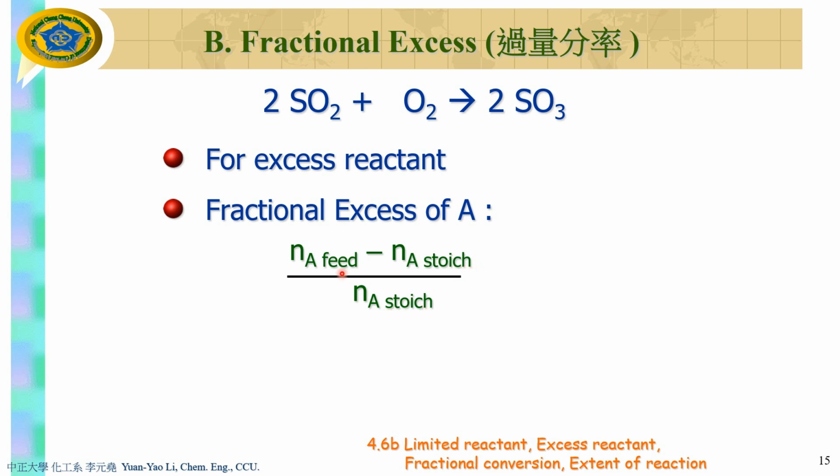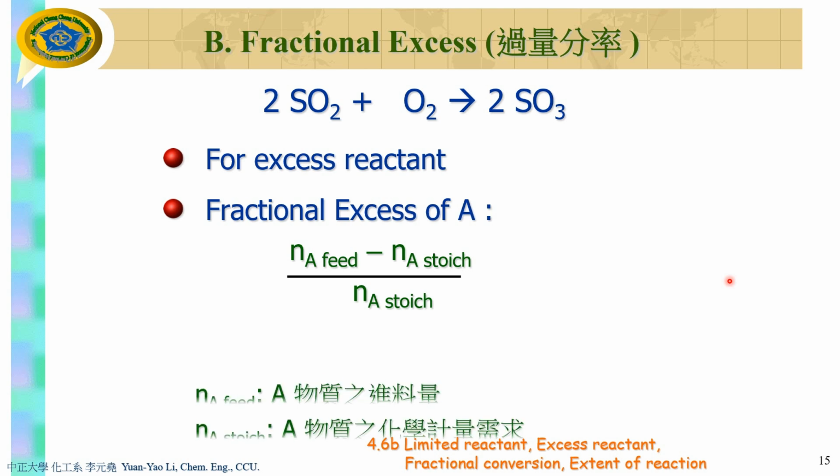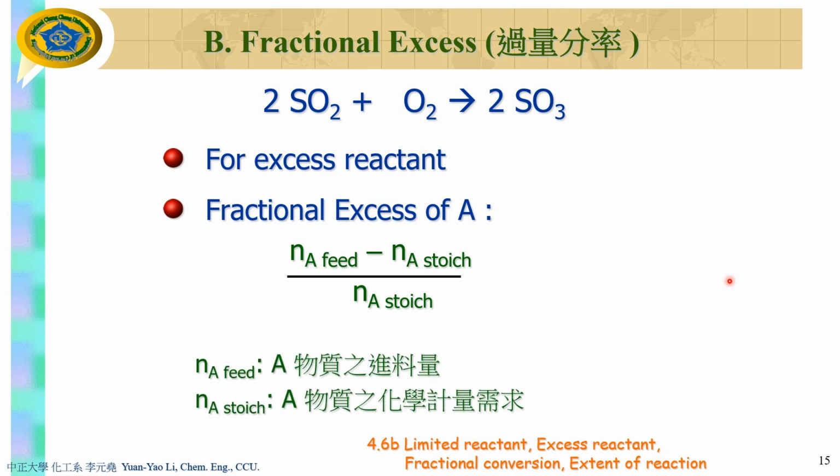What's that? 2 minus 1, divided by 1. So the answer is 100%. Are you with me? I'm sorry about this. I don't know why you don't get the right answer, but anyway, this is very easy. This might be in your Kahoot next week.